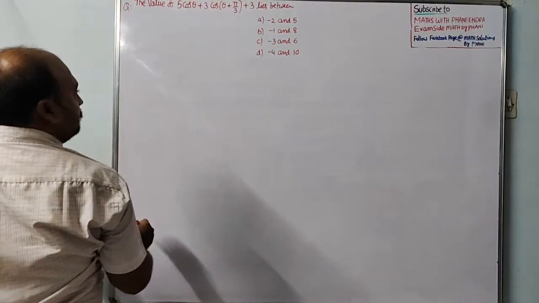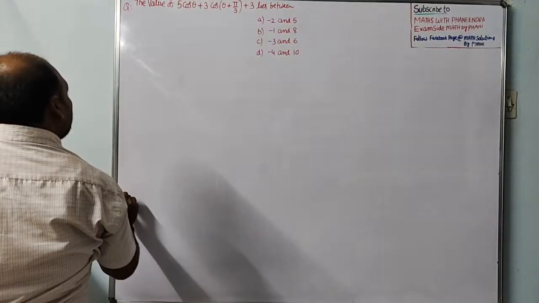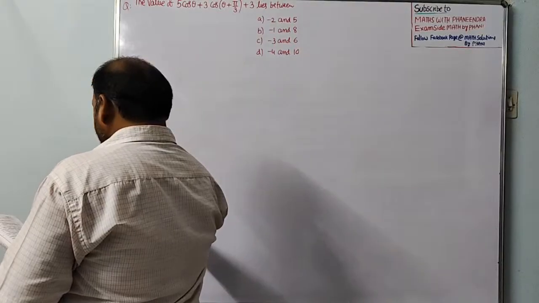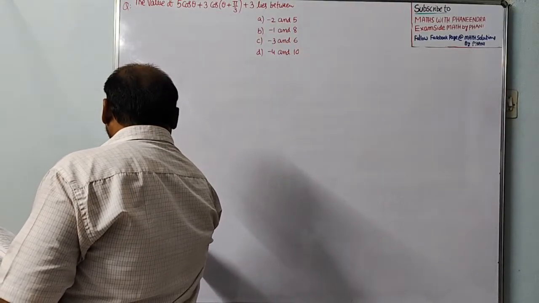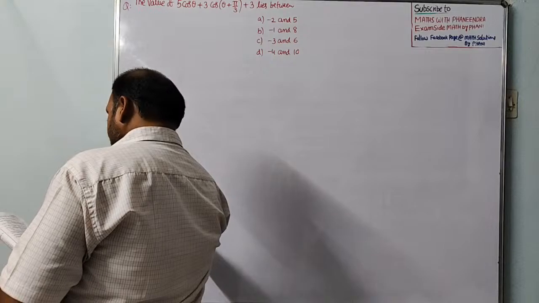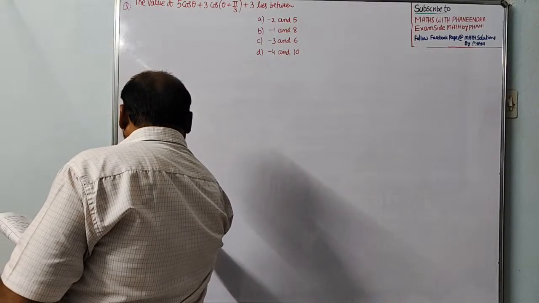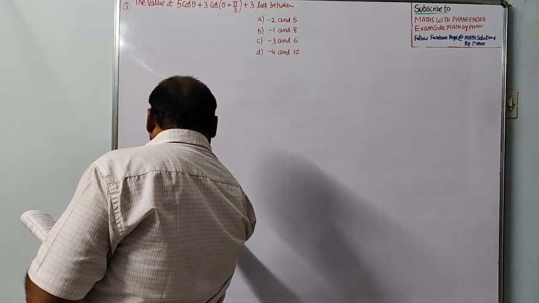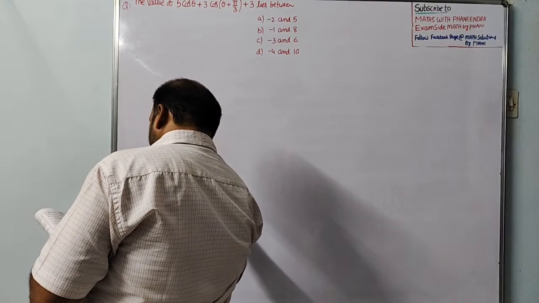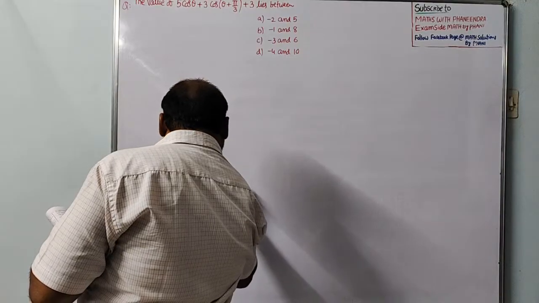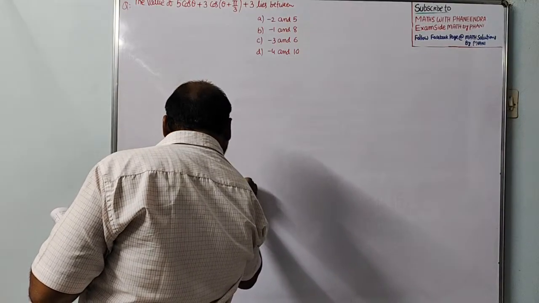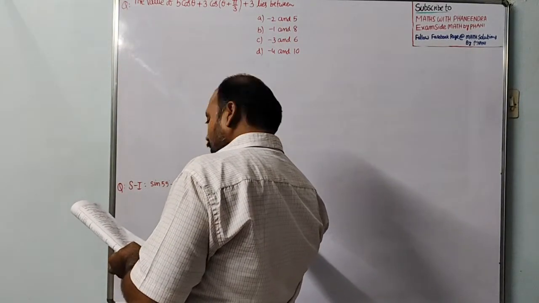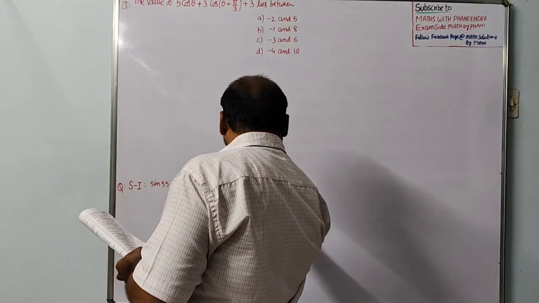Another question. Here I am writing the statements with these two words. Statement 1, S1 means statement 1: sin 55 plus sin 53 minus sin 19 minus sin 17 is equal to cos 2 degrees.